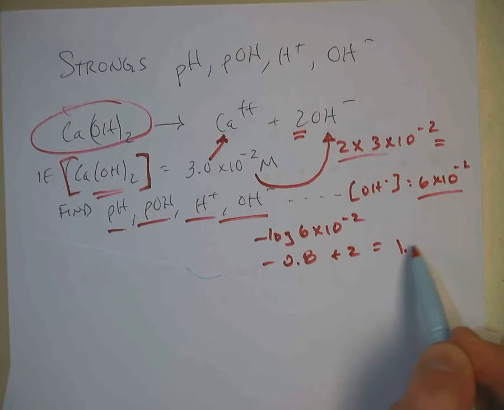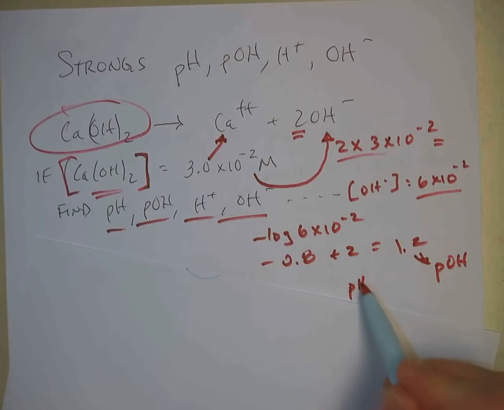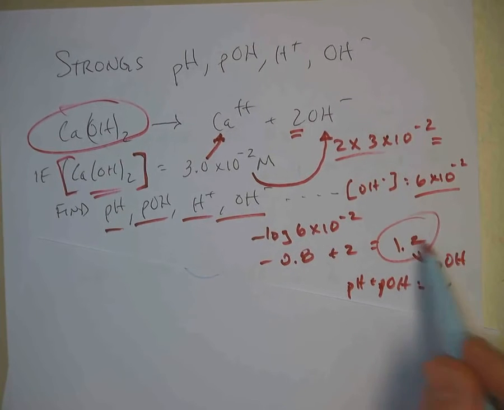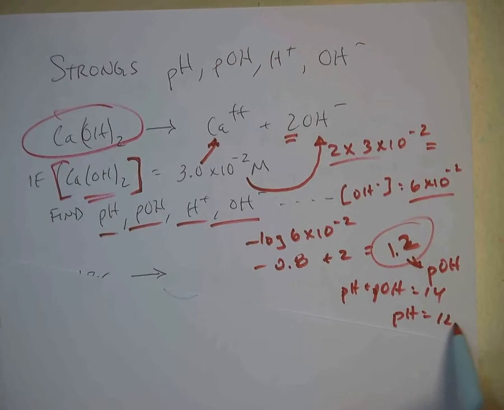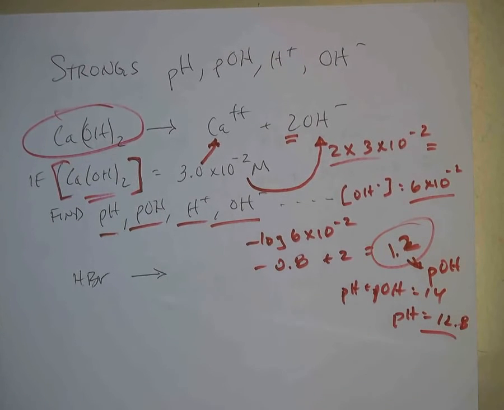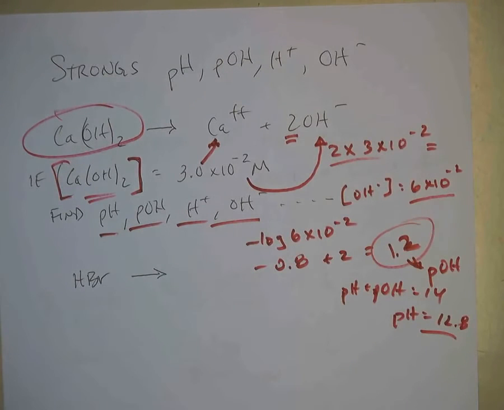So we should have a POH of about 1.2. You can try it on your calculator if you want. And then remember, pH plus POH is equal to 14. If this is 1.2, then my pH would be somewhere in the neighborhood of 12.8 or so. And I could move to get the other one too. But you should be able to move very easily from one of these concentrations to another.